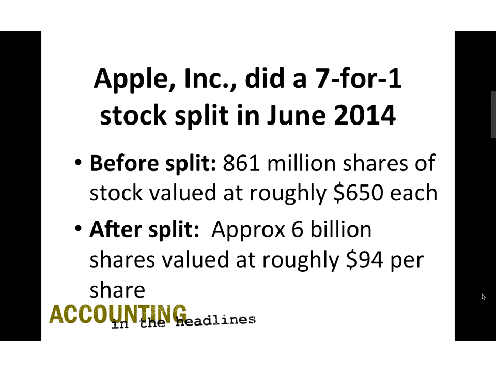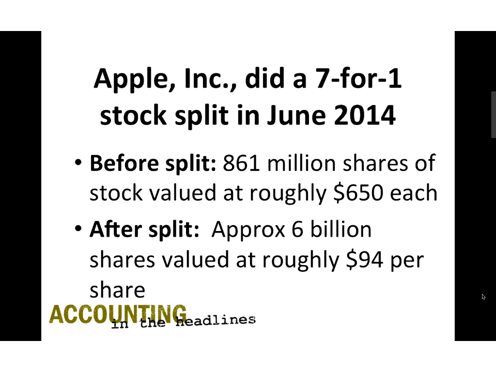Okay, Apple. Apple did a 7-for-1 stock split, which is almost unheard of, in June 2014. Before the split, their stock was valued at roughly $650 a share. After the stock split, everyone that had 1 share of Apple stock now had 7. The market price of the stock was roughly $94 a share.